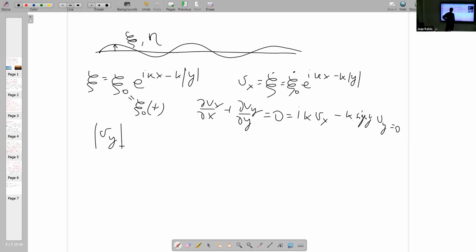Vy modulus is equal to i modulus times Vx modulus. So by modulus, Vy and Vx are equal because the i modulus is unity. So basically, it is just enough to calculate kinetic energy related to the x directional motion, and we can multiply it by a factor of 2 to obtain the full kinetic energy. Because Vx and Vy are equal by amplitude, oscillation amplitude at any point of the liquid.